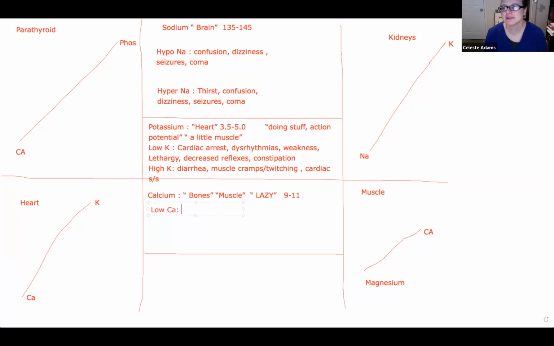Low calcium is going to be excitability. Low calcium, it's the complete opposite, like Cheyenne said. Low calcium, you're going to have excitability. It's not going to be lazy. It's going to be the opposite of lazy in low calcium. So we're going to have muscle cramping.